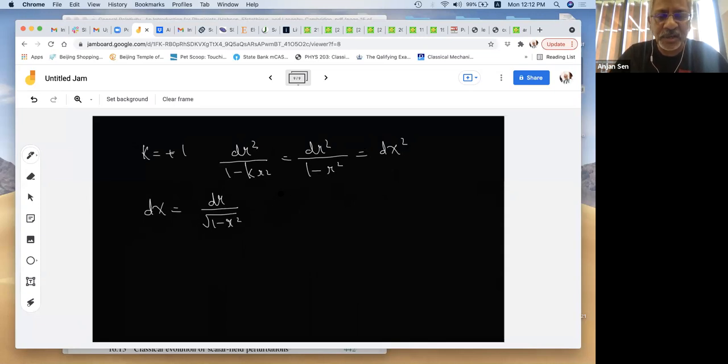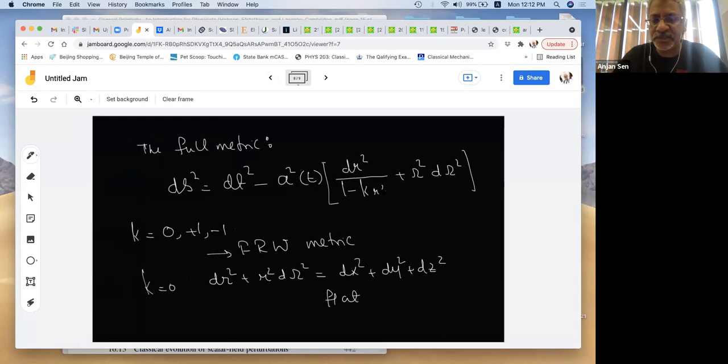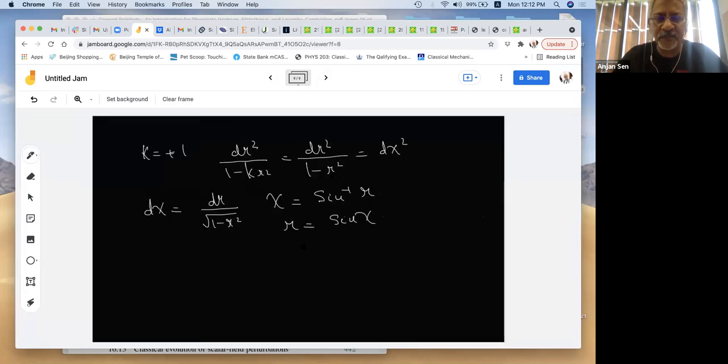And from here I know that my chi is basically sine inverse r, or my r is sine chi. Now, what is my metric? If I put it back over here, this is my d chi square, and this part is my sine square chi. So that dl square part is now d chi square plus sine square chi, and then inside that I have d theta square plus sine square theta.